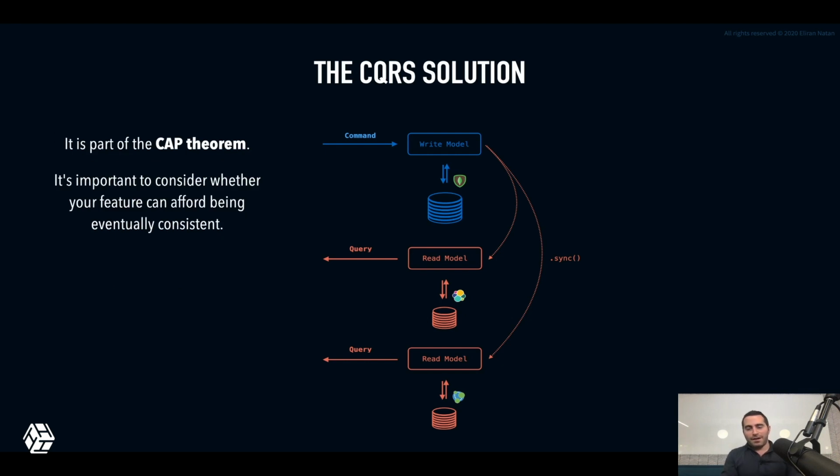Now, this is all a very small part of something called the CAP theorem. The CAP theorem says a lot of things, but I will narrow it down to our issue. The CAP theorem basically states that there is no system anywhere that can be both available and consistent all the time.